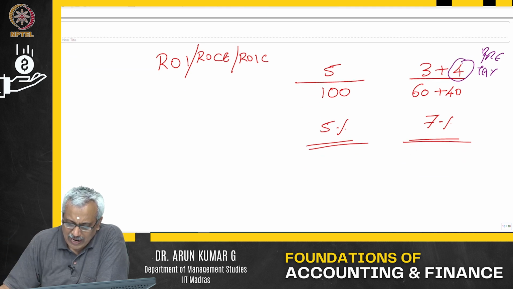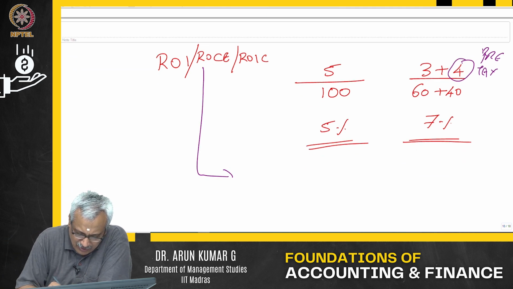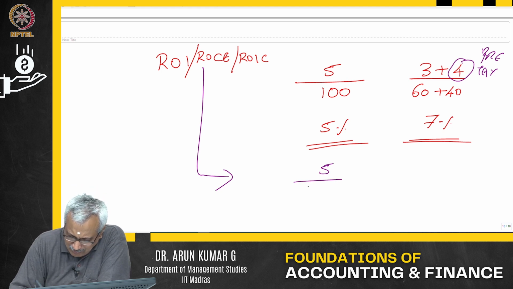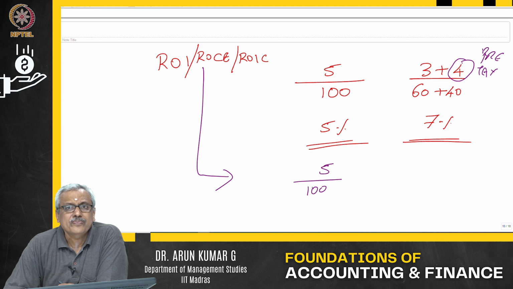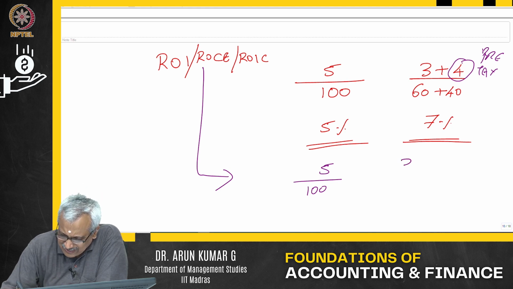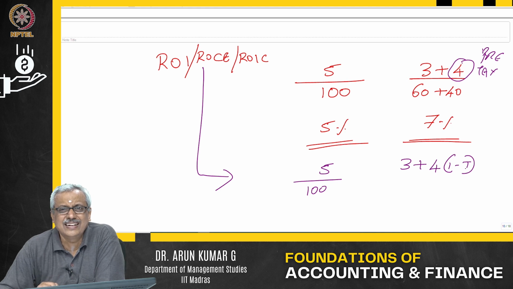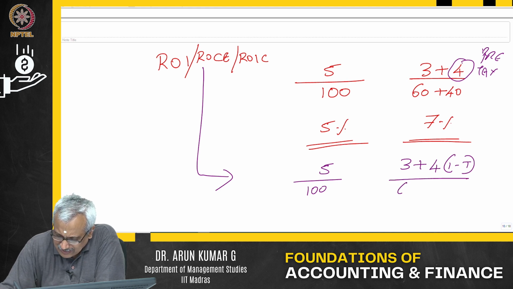So I will calculate it as $5 PAT by 100, agreed. In this case, $3 agreed plus $4, on these $4 I have not paid tax, into 1 minus T. T is 50%, tax rate is 50%. Divided by 60 plus 40.